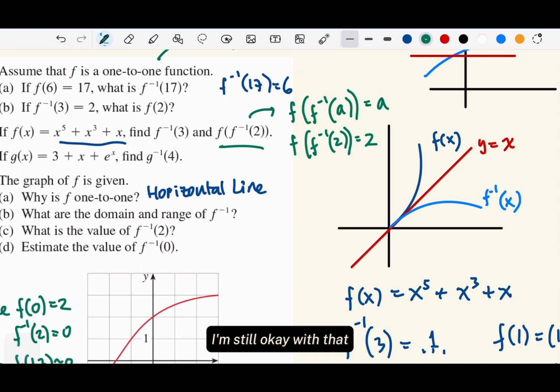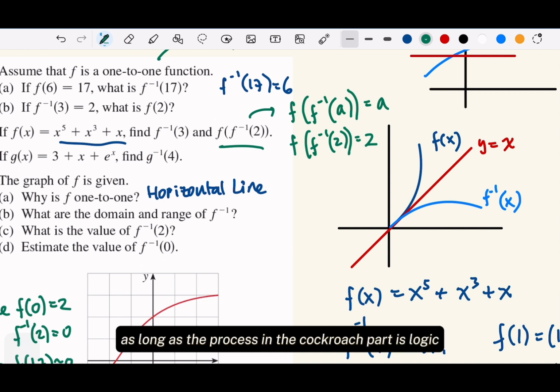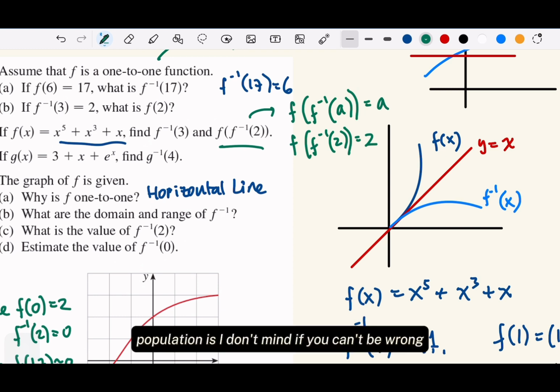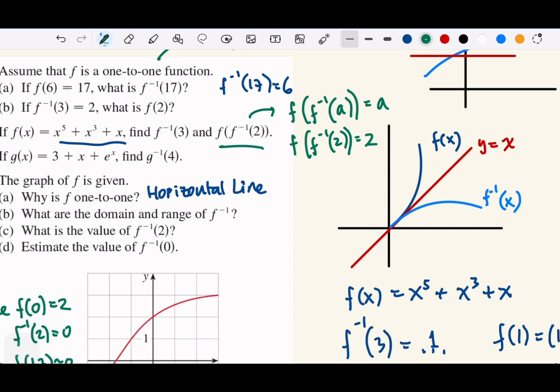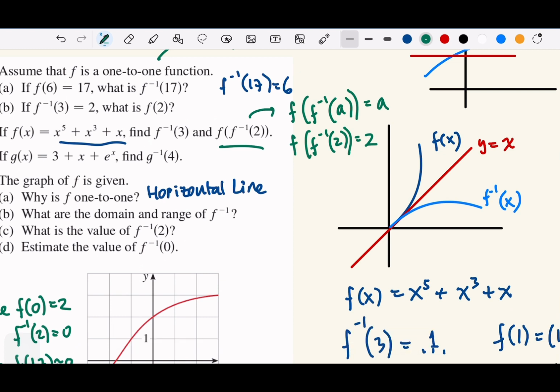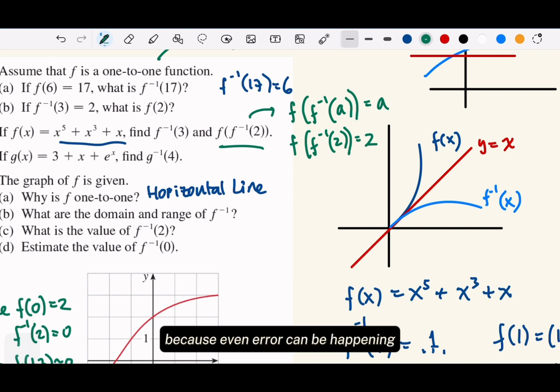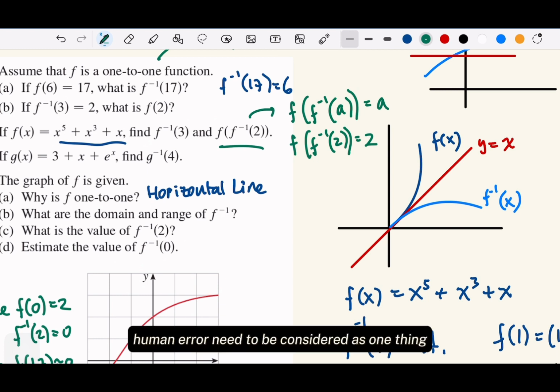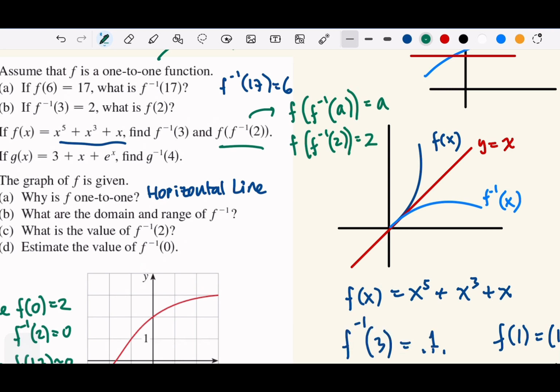I'm still okay with that, as long as the process in the calculus part is logical and reasonable. Calculation, I don't mind if you get it wrong, but understanding the concept is the most important. Because human error can happen, right? And it's not your fault. Human error needs to be considered as one thing.